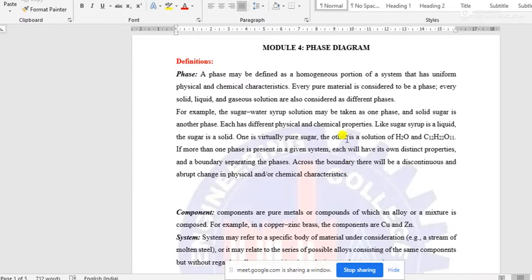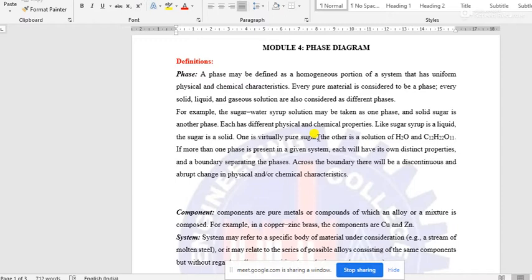But if you want to know about a multi-phase system, not a single phase, you may take the same example of sugar water syrup. In that mixture, if you continue to add sugar to the syrup, then after some time the solution is full of sugar, that means a saturated system.